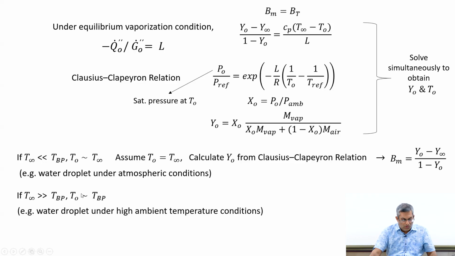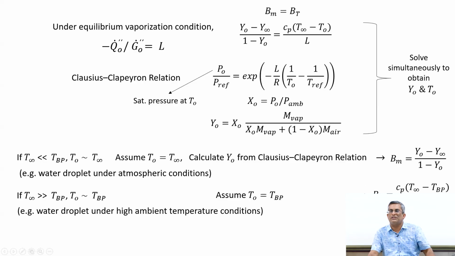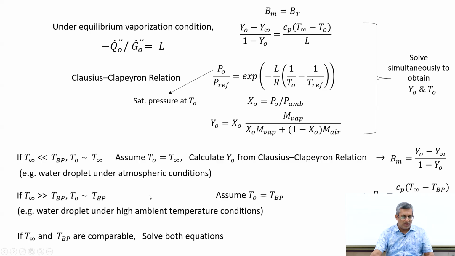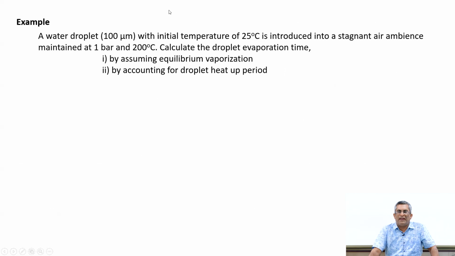So, in that case we can assume T naught is equal to the boiling point itself and use Bt, or the thermal transfer number, to directly calculate instead of going through this route. However, if T infinity and the boiling point temperature are comparable, we have to solve both equations. Let us do an example problem, then the concept that we are discussing will be more clear to you.